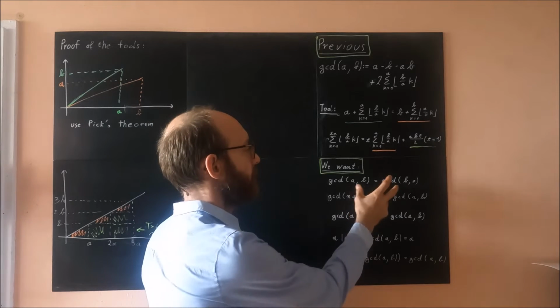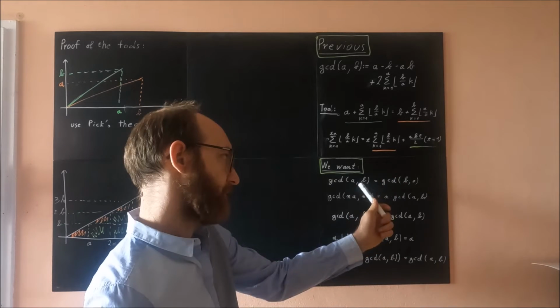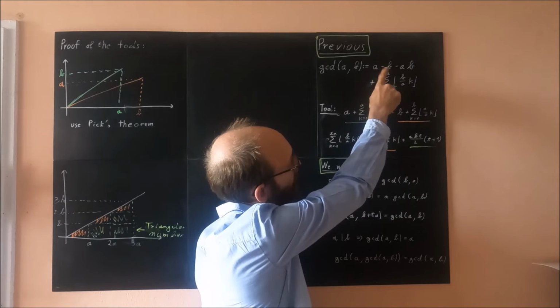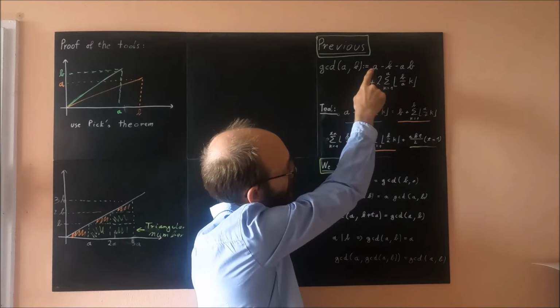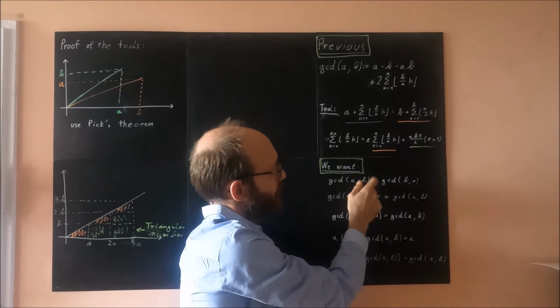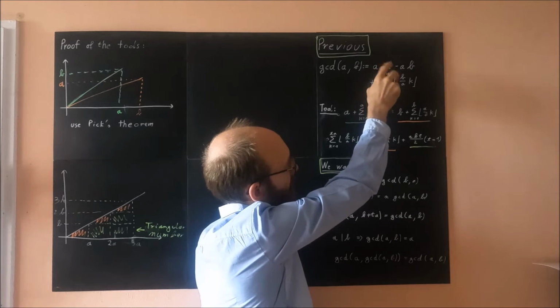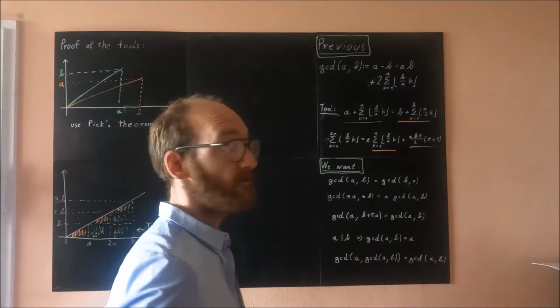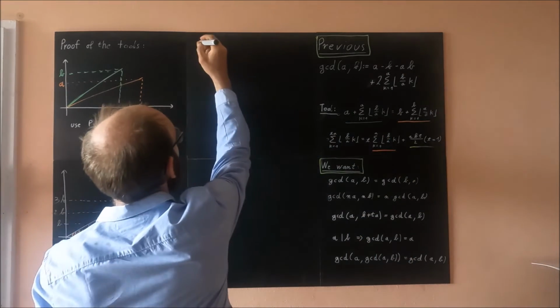And now we can start with our first proof, the commutativity of the greatest common divisor. Here it's not so obvious at first sight. We see we have here a minus b, and if we change the roles we have b minus a. So in the first moment it's not so obvious, but we check it.